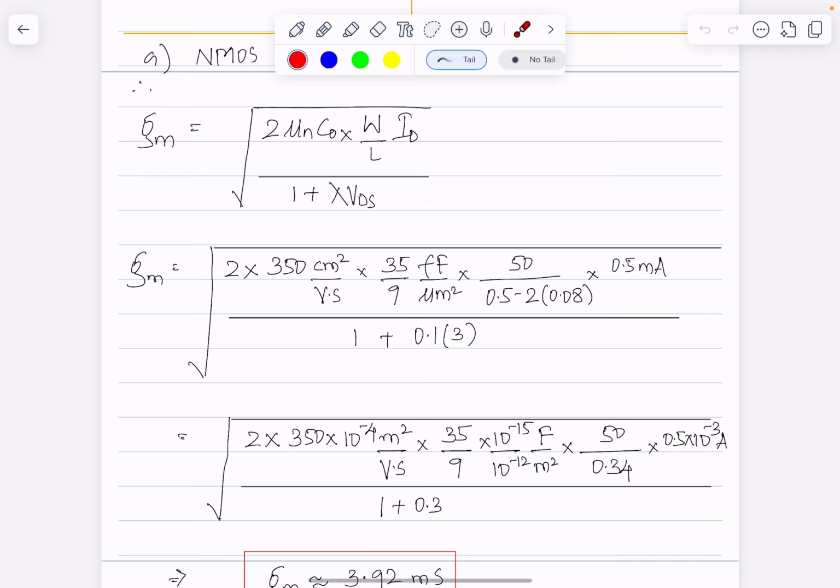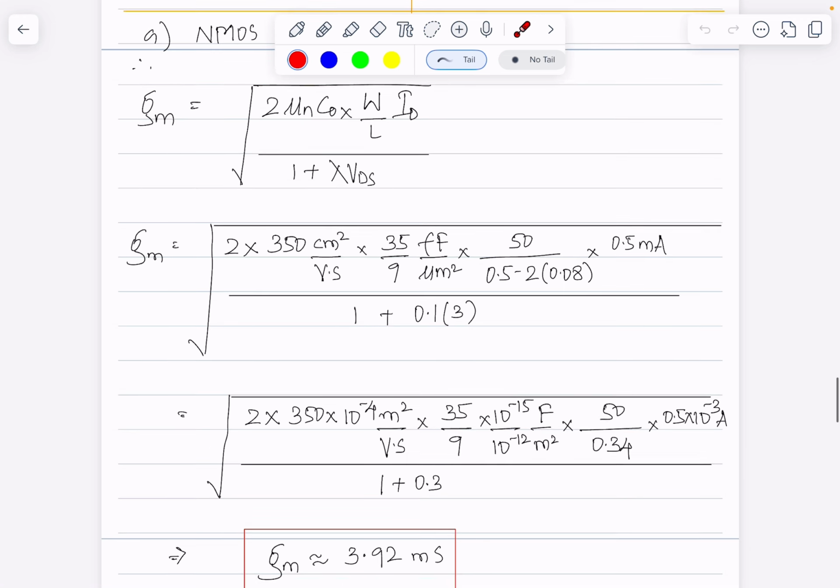And again, W/L effective, 50 over 0.5, is the L drawn minus 2 times LD, where LD is given as 0.08 micrometers, times 0.5 milliamps, that's the current ID, divided by 1 plus lambda for NMOS, which is 0.1 as given in the properties, times VDS, which is supposed to be assumed 3 volts if you look at the problem statement.